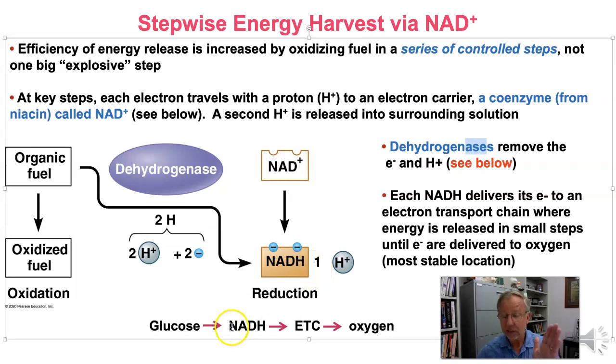Now we're going to see during the process of cellular respiration, as I show you the steps on various slides, that we begin with a molecule of glucose. That's our fuel. The electrons and hydrogens are taken out of that and given to NAD. So now we have NADH, our little shuttle. And then those electrons and hydrogens are going to be moved near the end of cellular respiration to what's called the electron transport chain, abbreviated ETC on the bottom here.